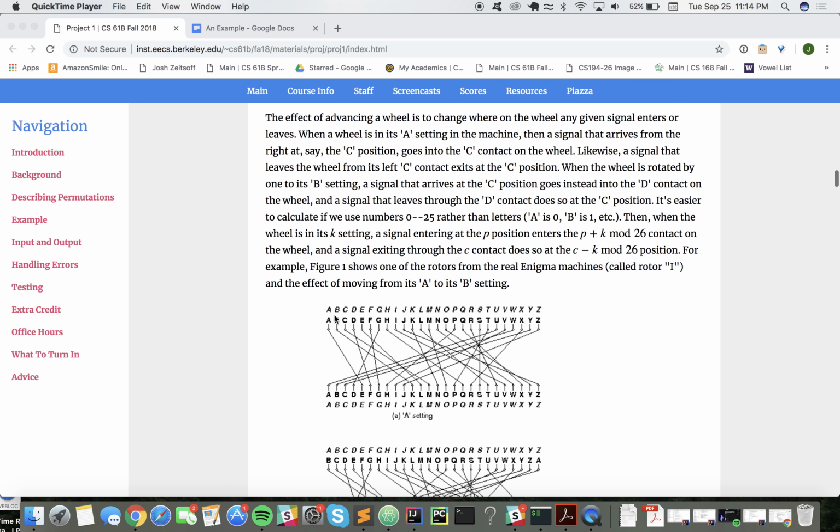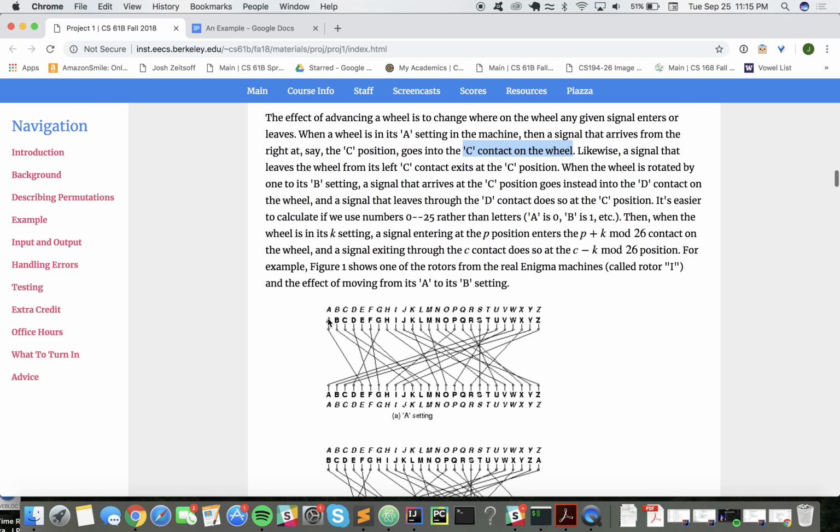And what I want to highlight here is in the A setting, every letter comes in at a position here from, let's say, the right side, and hits a contact here. So A goes straight to A. And in our current permutation, we see A is mapped to E, which leaves as E. So in the A setting on our machine, a signal arriving from a C position goes into the C contact, which we see here.